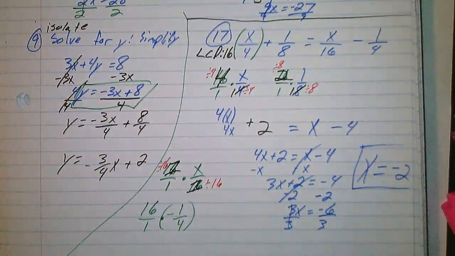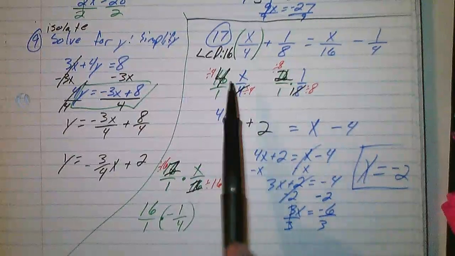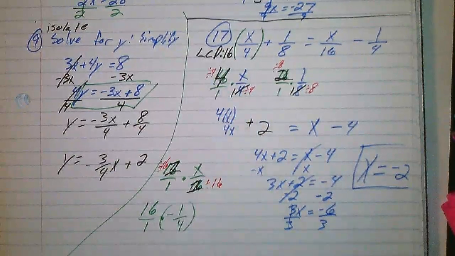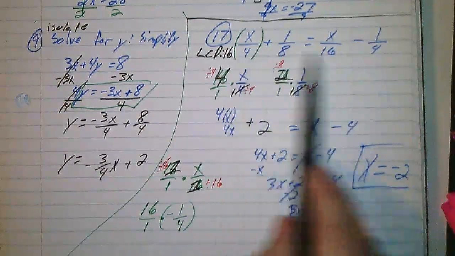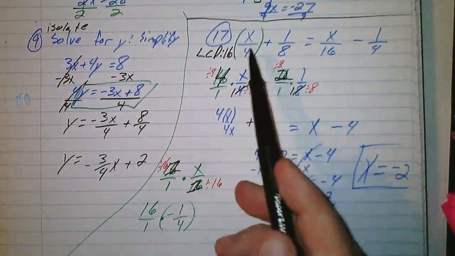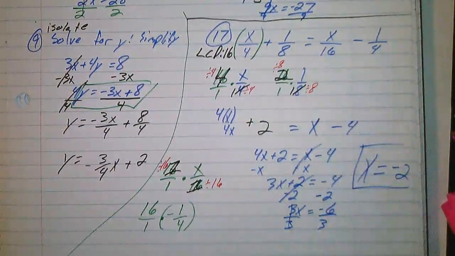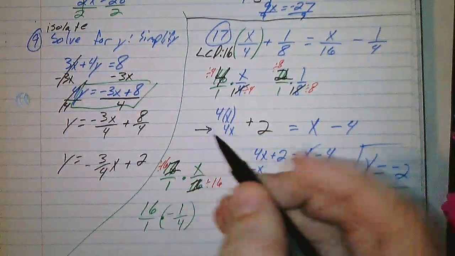So again, I know it's a lengthy problem, but if you're watching this for the test review, give it a shot. Show me that you can identify the LCD. There's a good chance that it will be the largest of the denominators. And then try to multiply each term by the LCD. And that's what we got here.